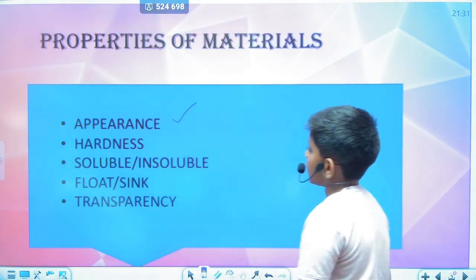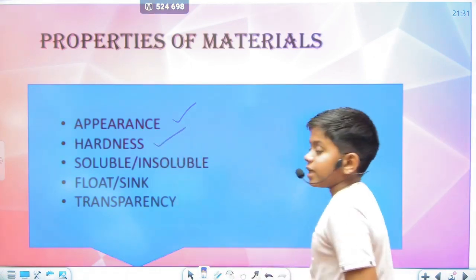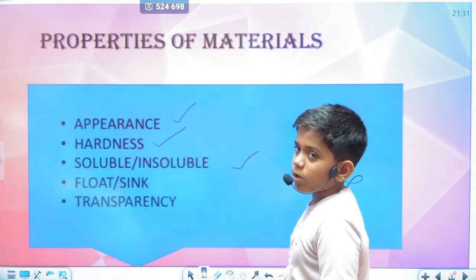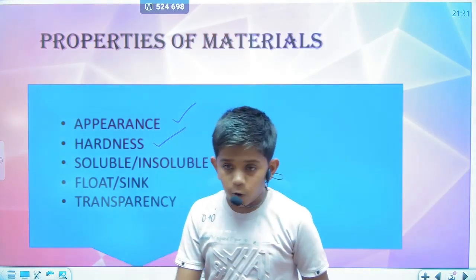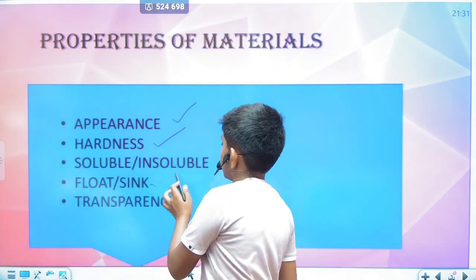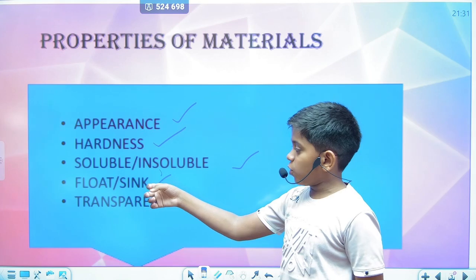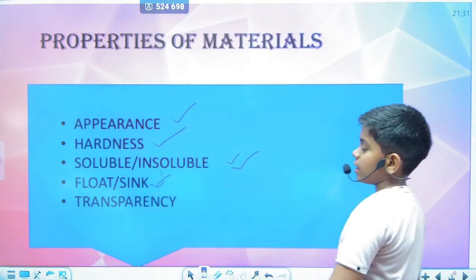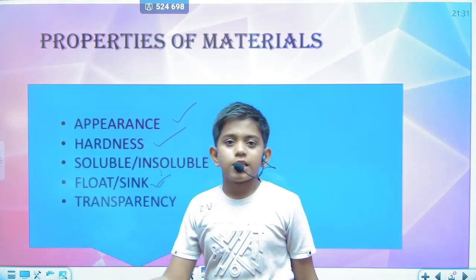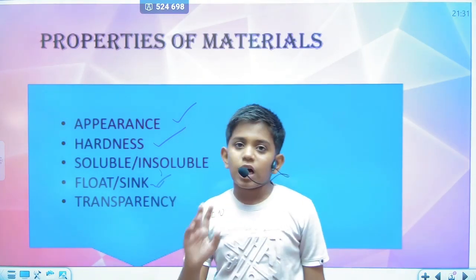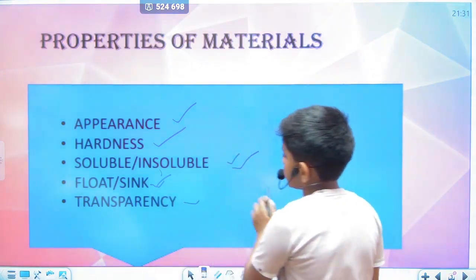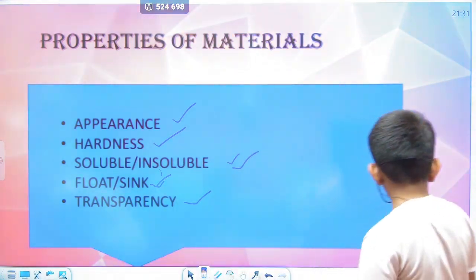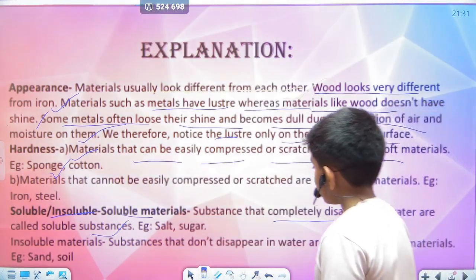Next we have hardness, whether the material is hard or soft. Float or sink means whether the material is floating or sinking in water. Soluble means it can be mixed in water; insoluble means it can't be mixed in water. And transparency: whether light can pass through that object.